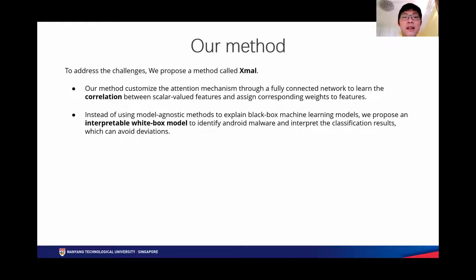The other is that instead of using model-agnostic methods to explain black box models, we propose a white box to identify malware and interpret the classification results, which can avoid deviations.